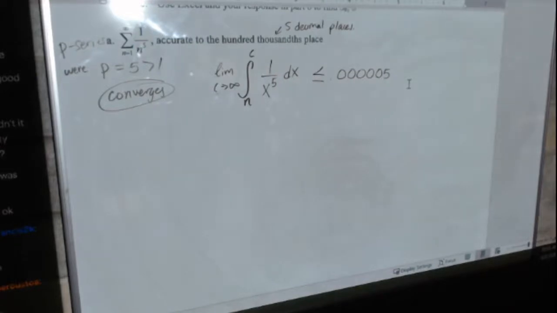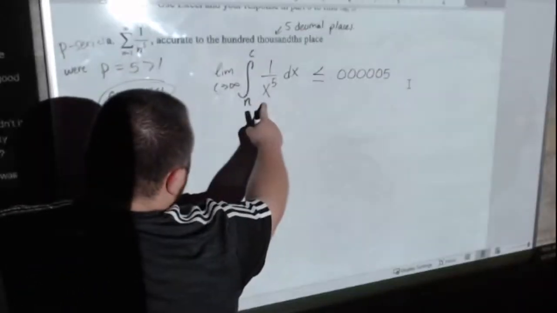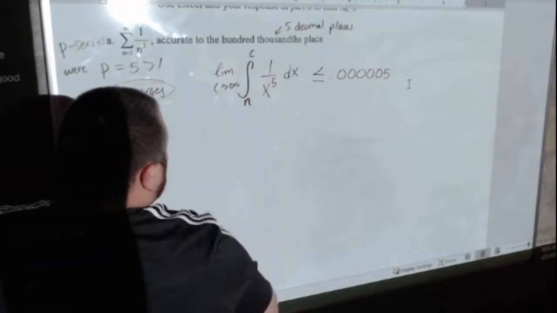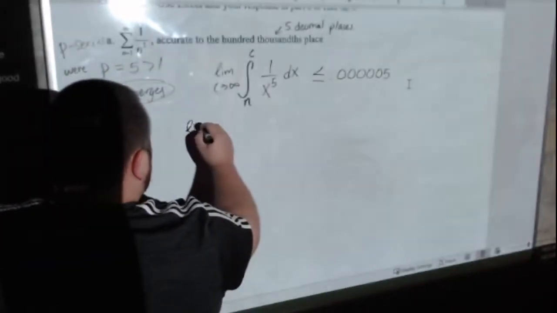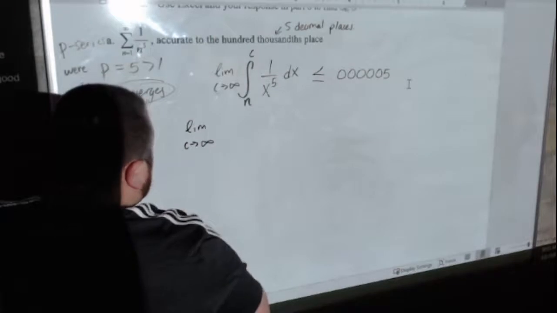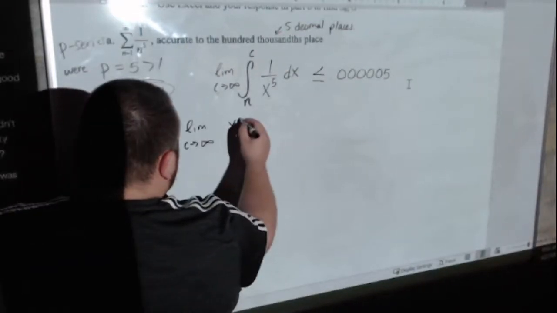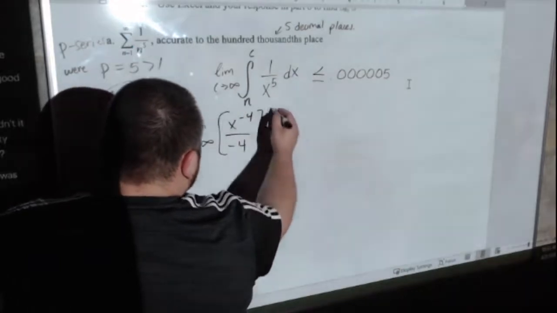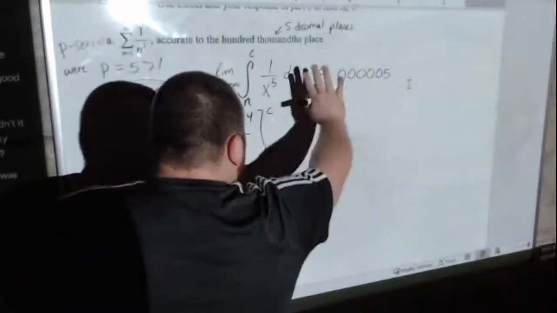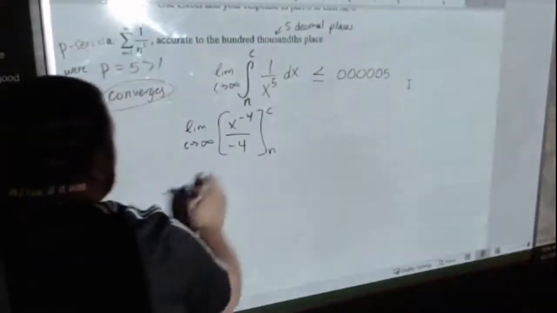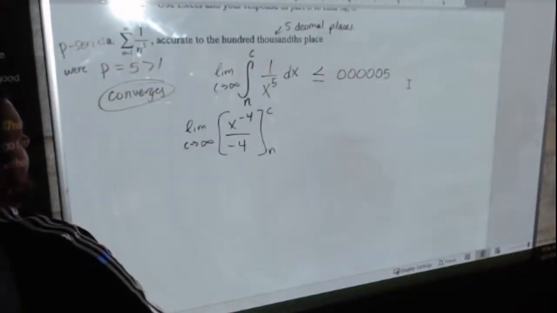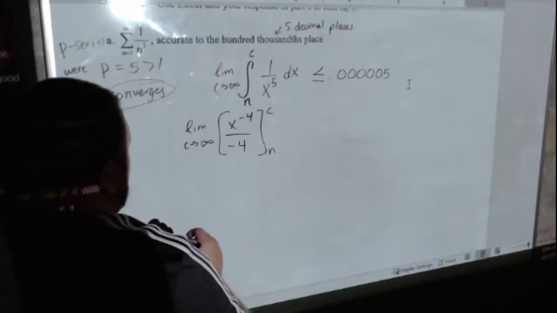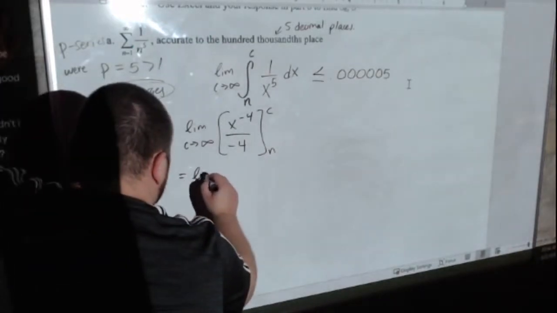All right, so let's go ahead and solve this. I've got 1 over x to the fifth. That's really x to the minus 5. And so when I integrate that, I'm going to get x to the minus 4 over minus 4, and that runs from n to c. Let's solve the integral. Plug in our bounds.